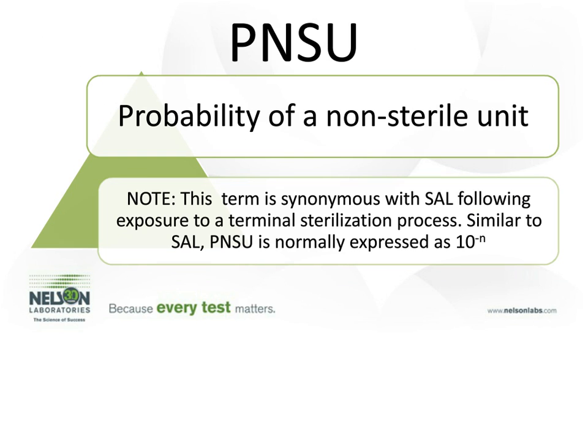This is the term that is typically used in the pharmaceutical industry, and you are talking about the probability of a non-sterile unit occurring. For the purposes of this document, it is going to be synonymous with a sterility assurance level, and it is also expressed in a 10 to the minus number.